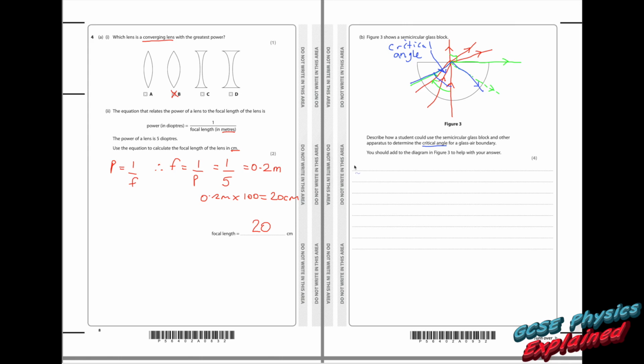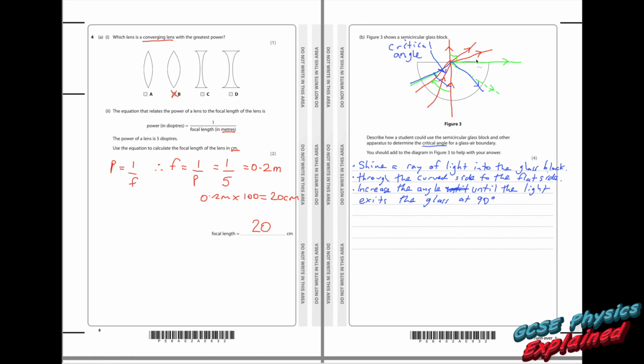Now, how do you structure that answer for 4 marks? Like this. Now, if that doesn't already get us 4 marks, then it's probably best to say to repeat the measurements of the critical angle to make sure we've got it right.